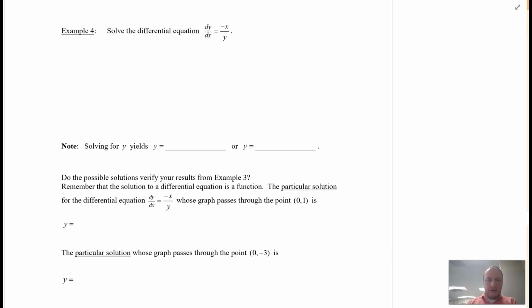Okay, so we're going to do example 4. It says solve the differential equation dy over dx equals negative x over y. So we multiply both sides by y, so we get y dy, and we multiply both sides by dx, so we have negative x dx, and then we integrate each side.